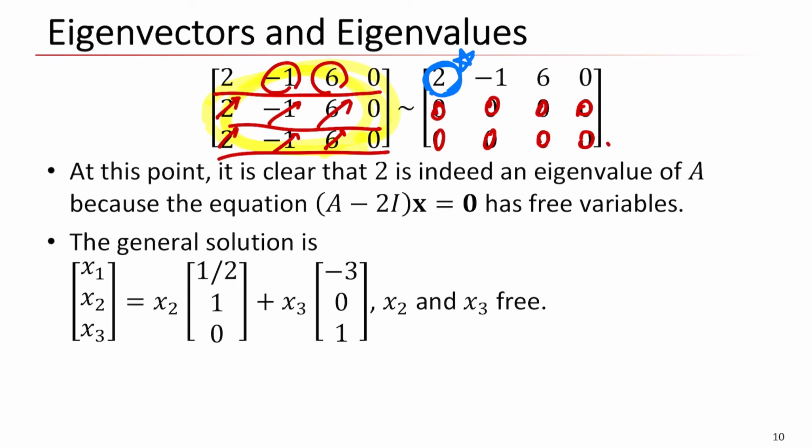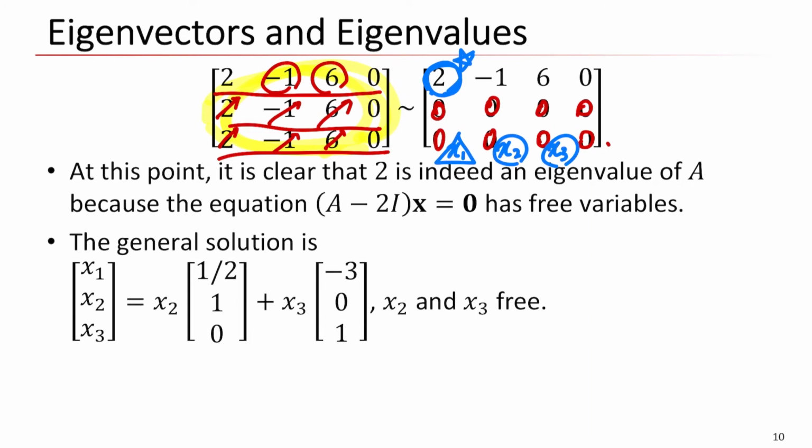So when you think about x1, x2, and x3, this x2 and x3 are free variables, right? And this x1 is the only basic variable, right?